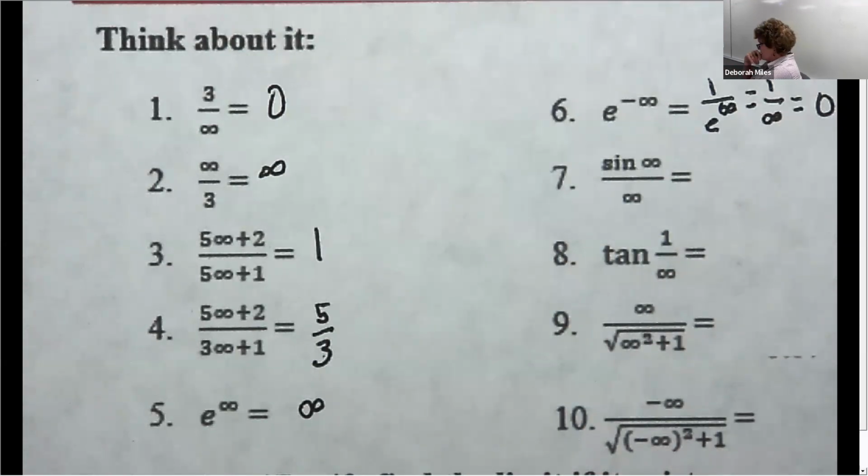No. You don't know what sine infinity is because, well, it oscillates. Sine doesn't approach something as x gets forever big or forever small. It just does the sine waves. What you can tell me is a range of values for sine. What sine is always between.